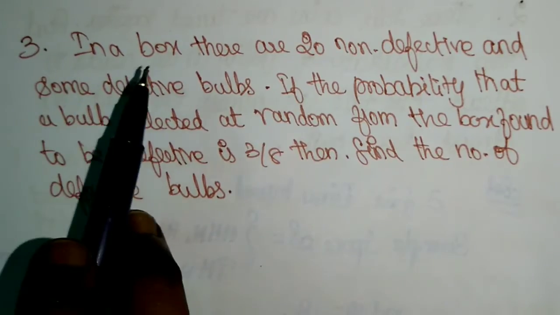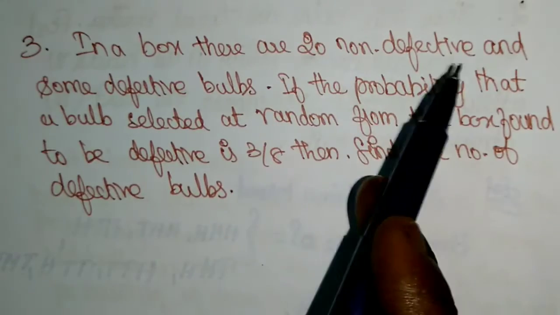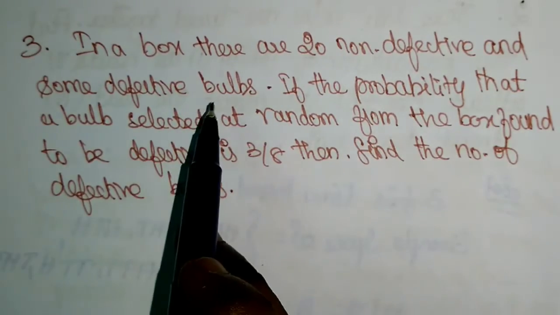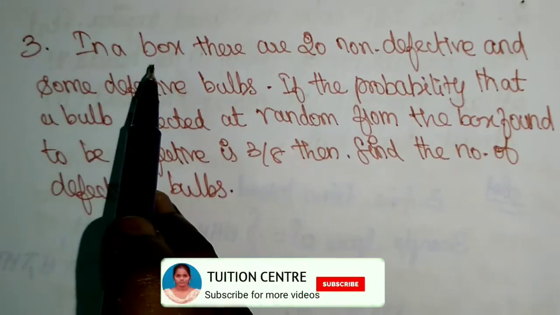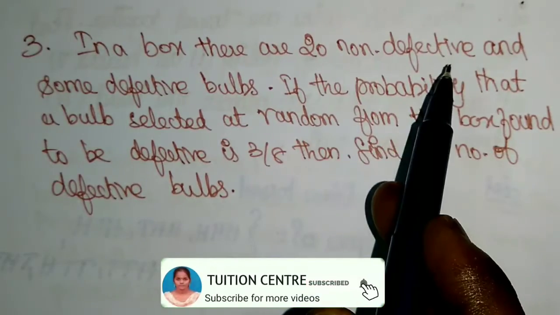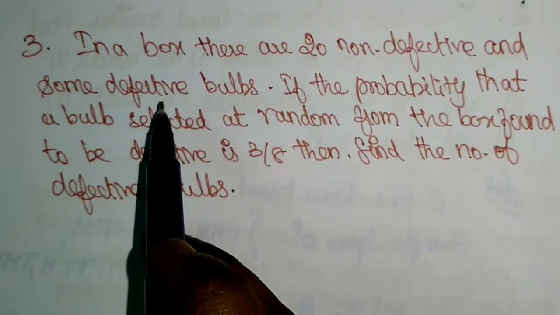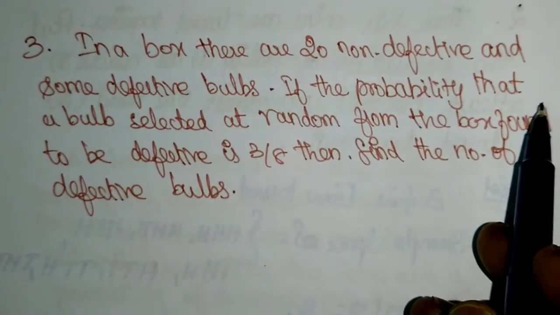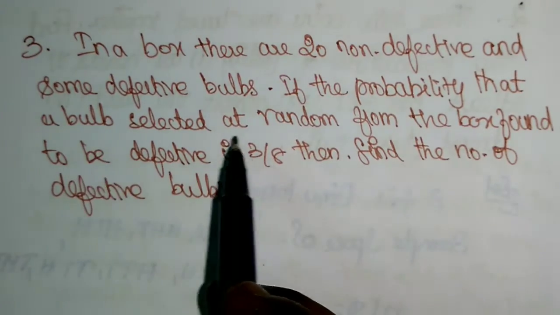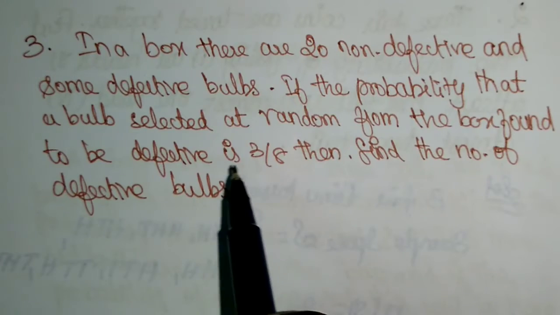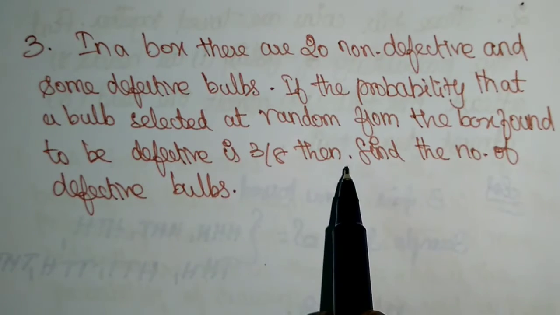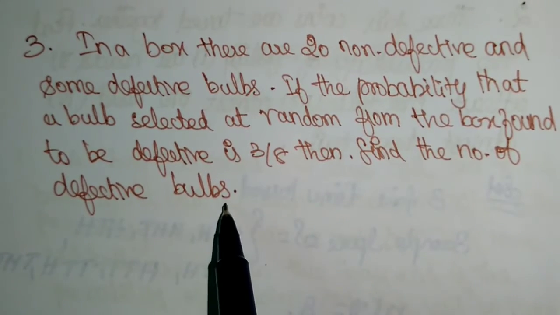Third problem, in a box there are 20 non-defective and some defective bulbs. If the probability that a bulb selected at random from the box is found to be defective is 3 by 8, then find the number of defective bulbs.